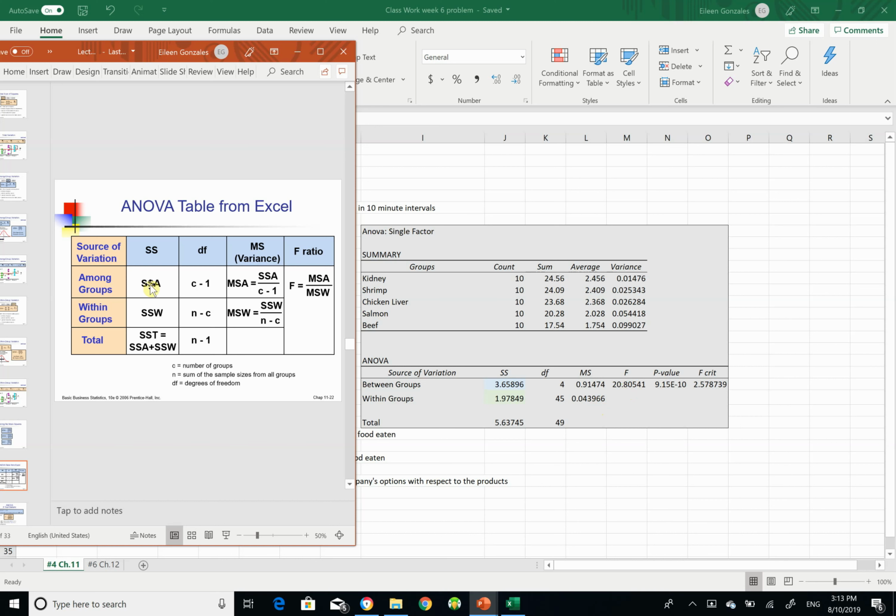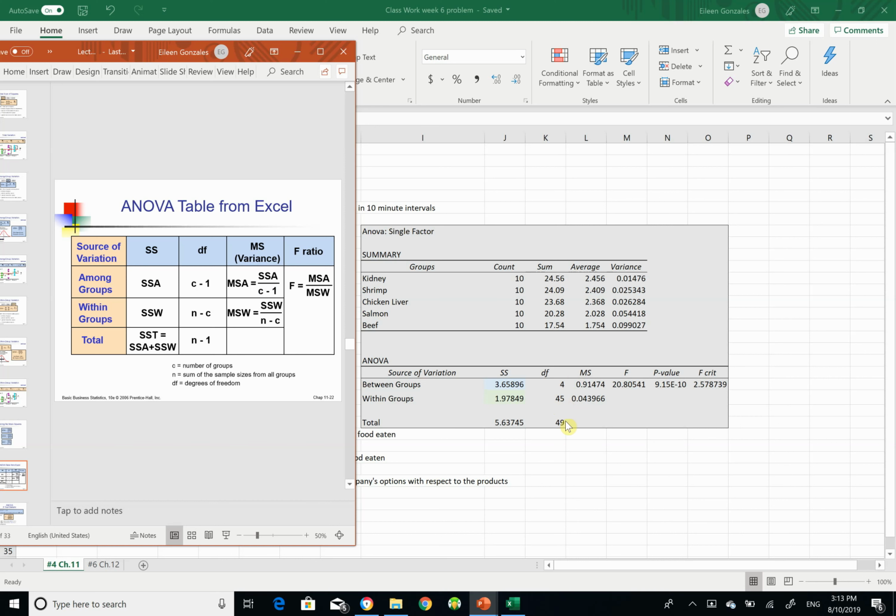And then you can see the SSA is given by this blue, SSW is given by this green. We have our SST, or your total sum of squares. This is our degrees of freedom: we have 5 groups, minus 1 gives us 4. We have 50 samples, and 50 minus our C, which is 5, gives us 45.